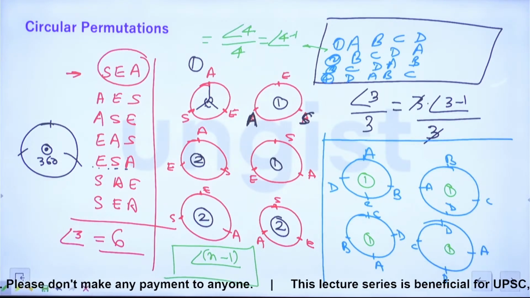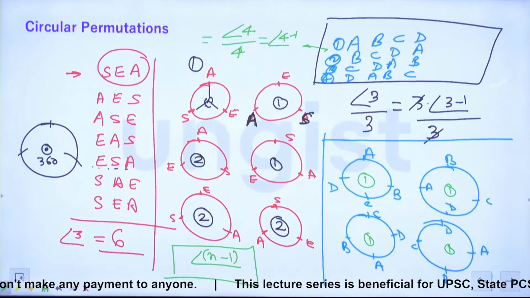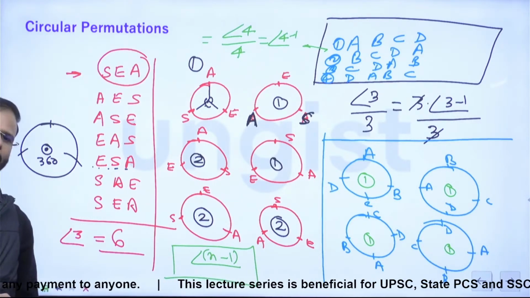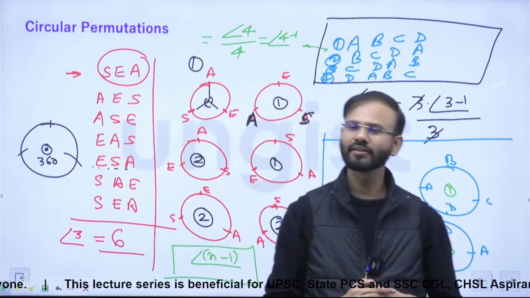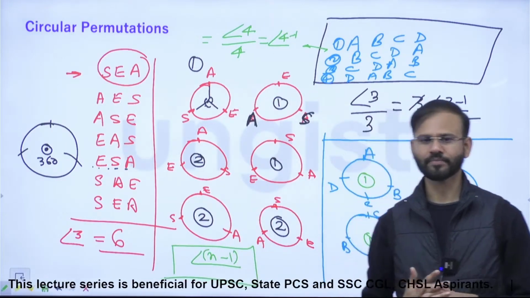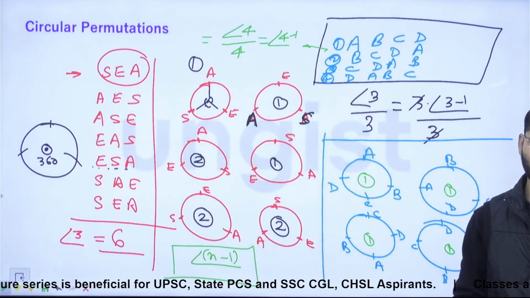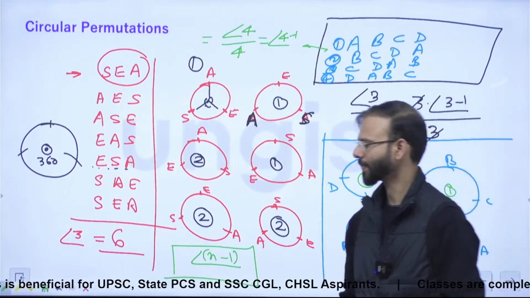So in linear arrangement it is factorial n, but in circular arrangement it is factorial n minus 1. Everybody fine now?